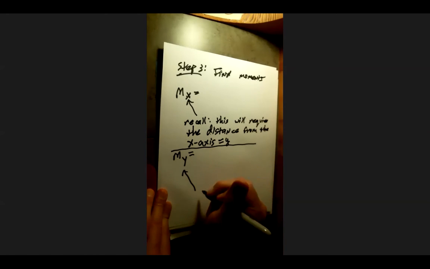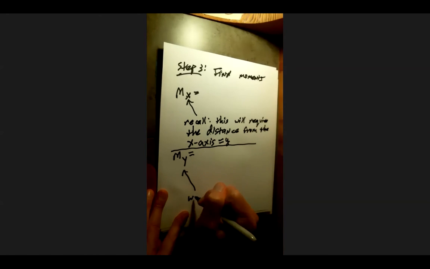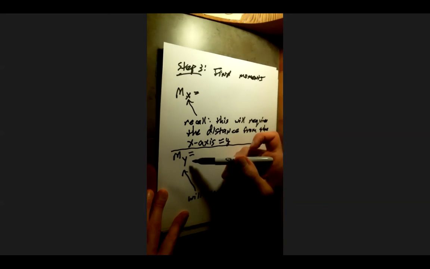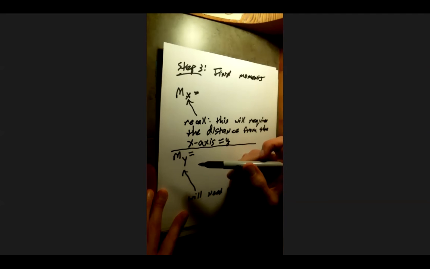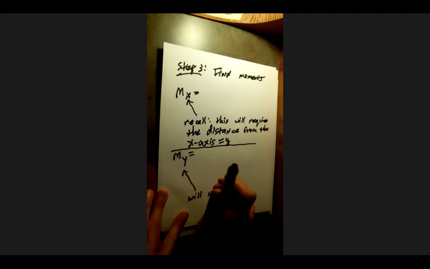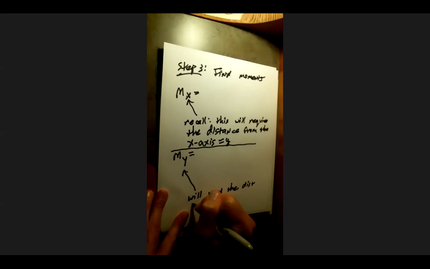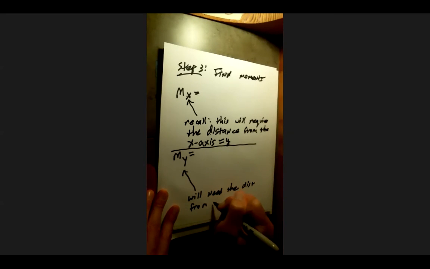And this one up here is the moment about the y-axis. To find the moment about the y-axis, or the tendency to rotate around the y-axis, you will need the distance from the y-axis, which is x.